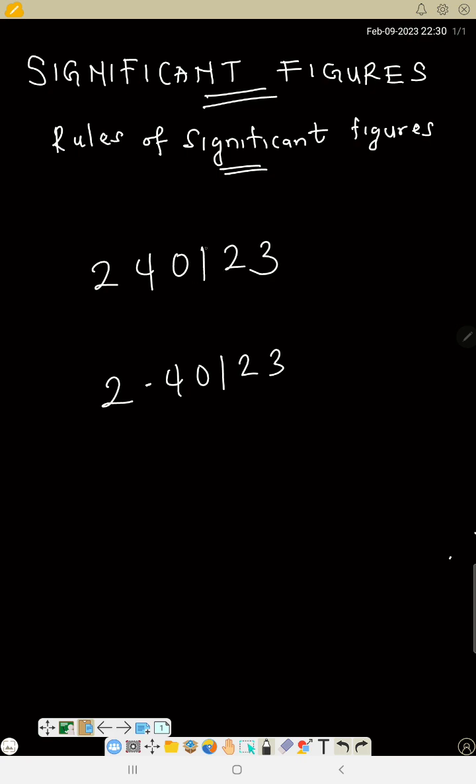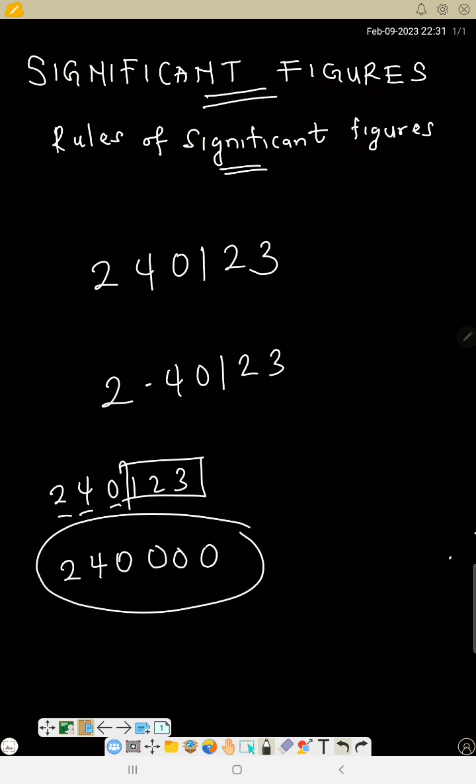To three significant figures, this first one is 240123. Three significant means just count three numbers, 1 2 3. So that should be 240. Now you need to change every other number that follows to 0.